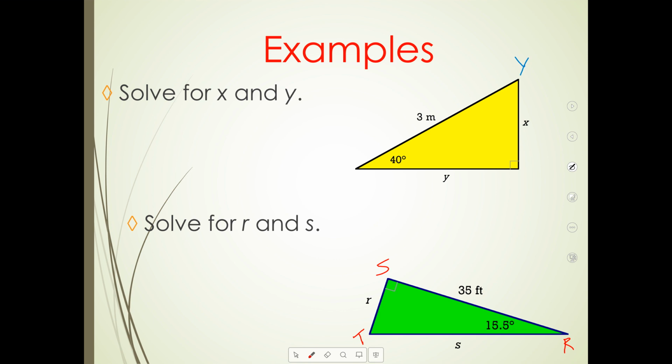Because if you're trying to do it from the 15.5 angle, the plane is opposite adjacent. And opposite from 15.5 is R, so if you're trying to solve R, it's opposite, and then the hypotenuse is adjacent. Opposite adjacent. So R would be good.